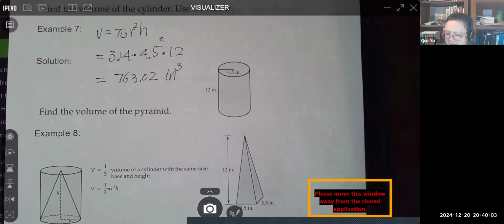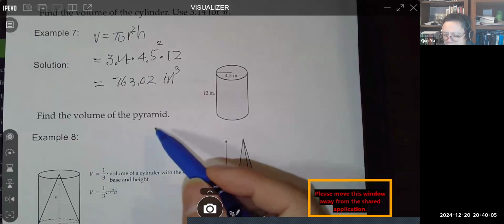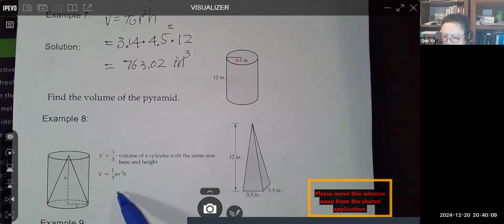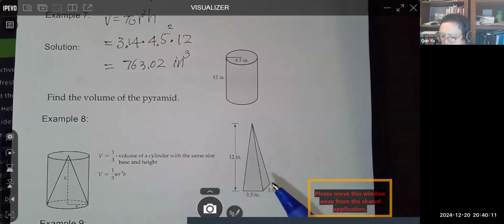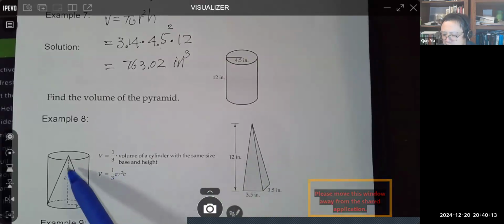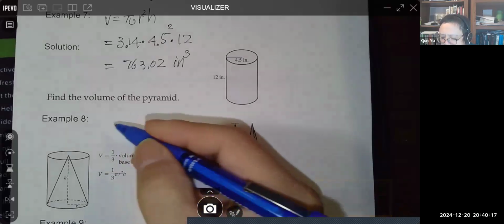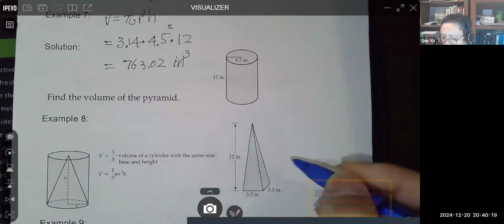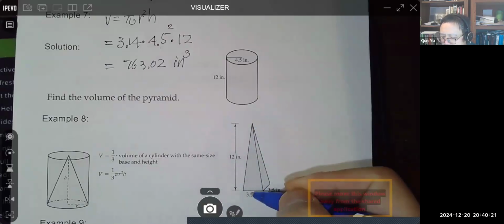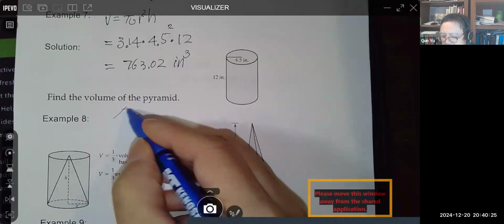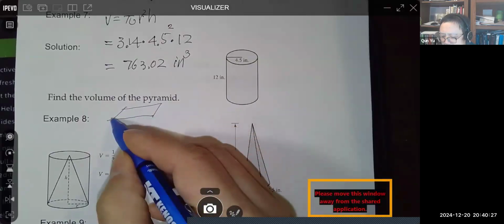Another one, this time the volume of a pyramid. So this is the formula for the cone. The volume of a pyramid is very similar. The pyramid is an inscribed figure of a box.